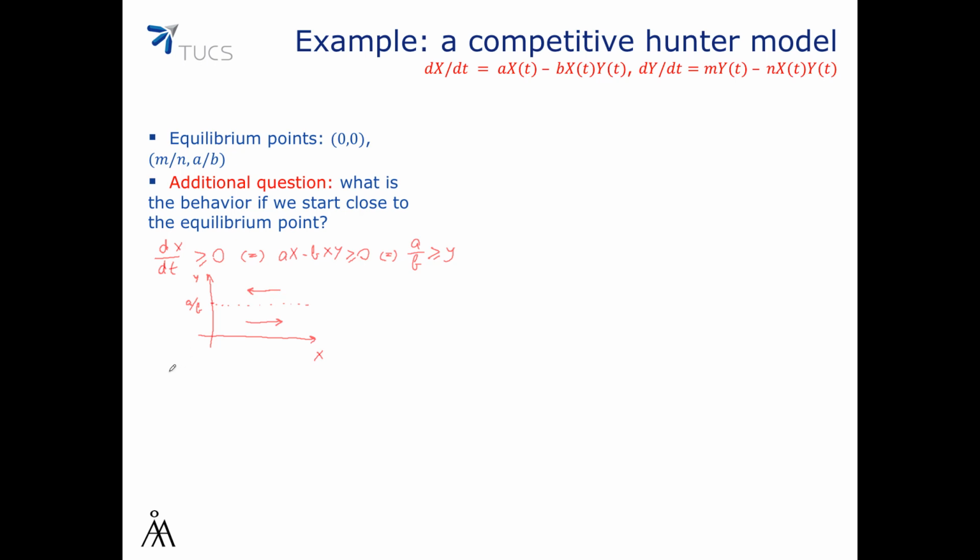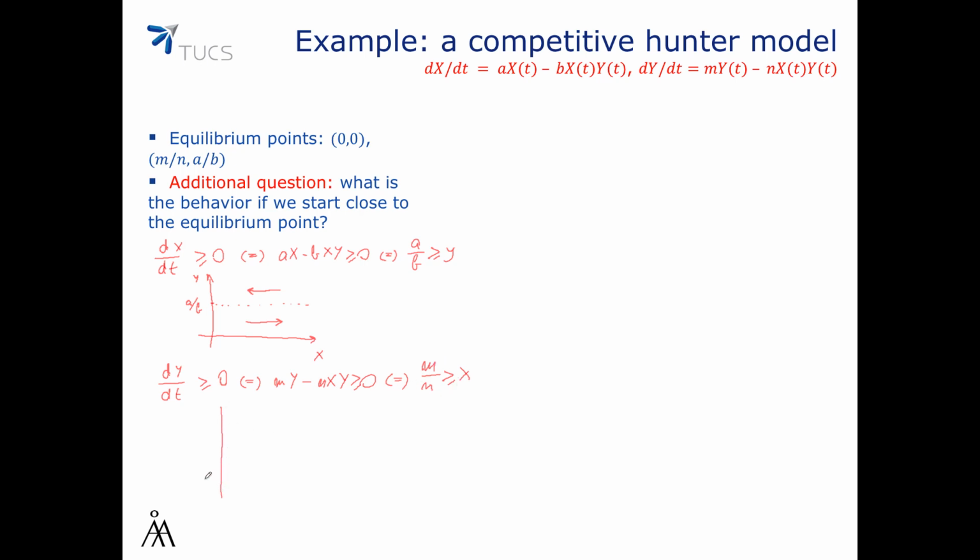The similar question for y is solved by looking at this inequality, dy/dt greater than or equal to 0, and that can be written as m times y minus n xy greater than or equal to 0, and that's equivalent with m over n greater than or equal to x. So y is going to increase whenever x is under this value.